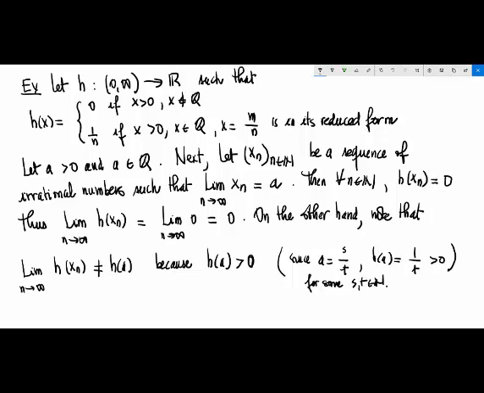So that means that the limit of h of xn cannot be equal to h of a. So we can then say that h is discontinuous at every rational number.